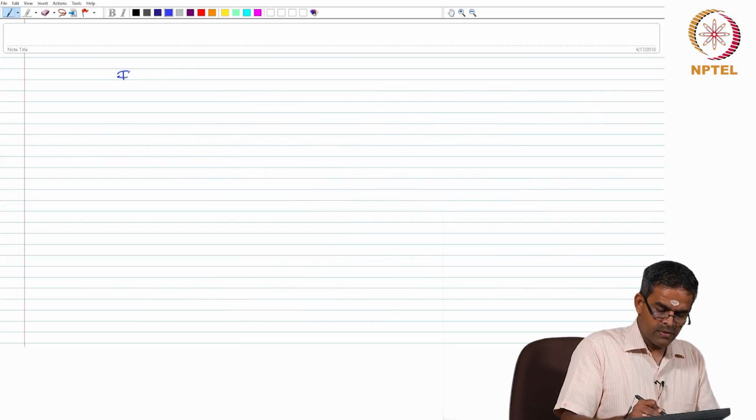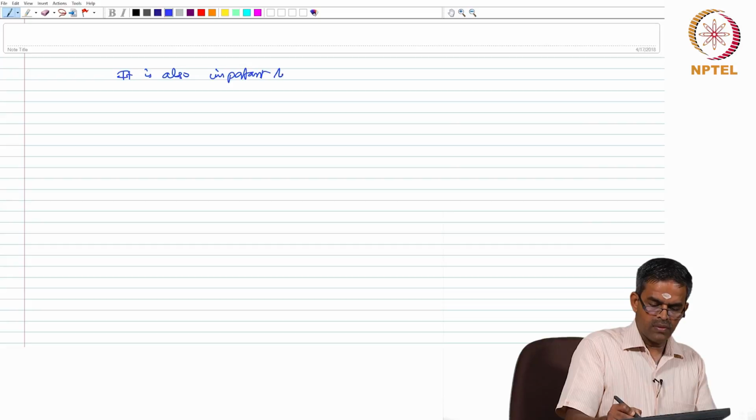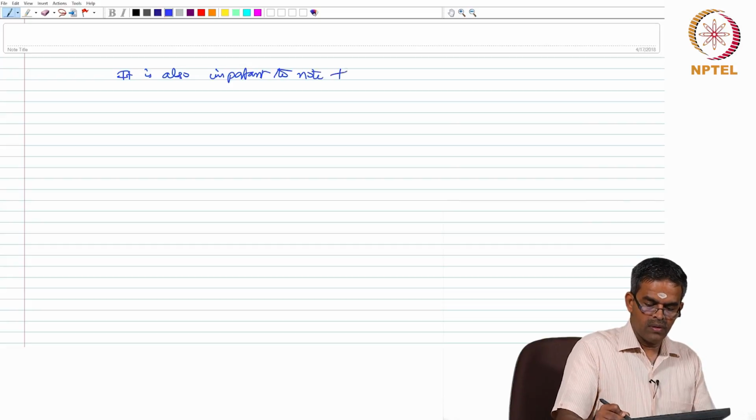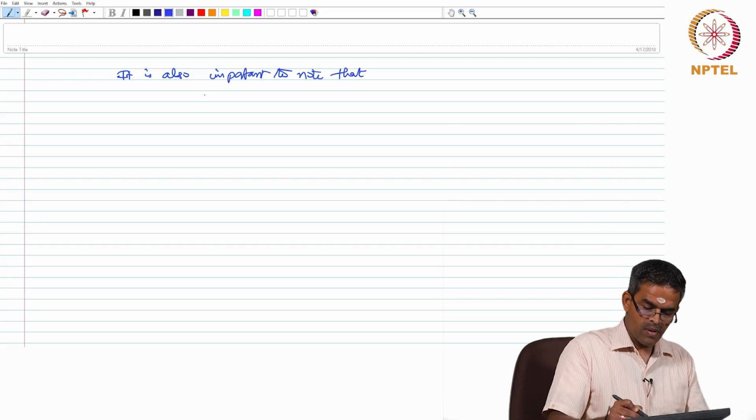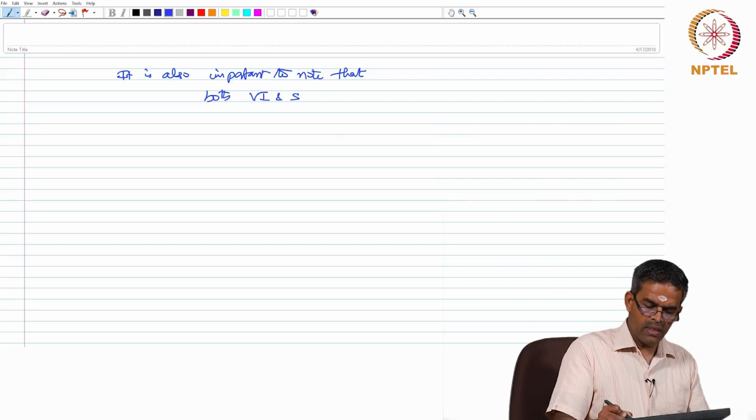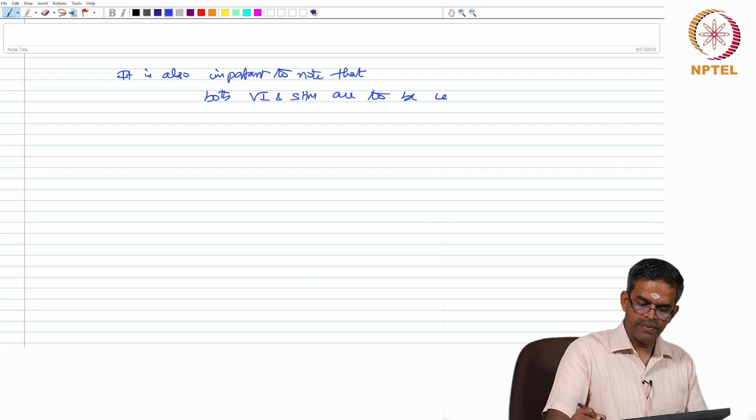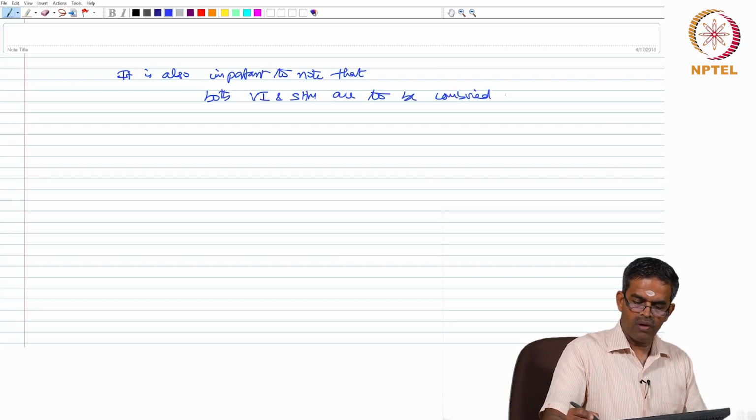Further, it is also important to note both visual inspection and SHM methods are to be combined for effective results.